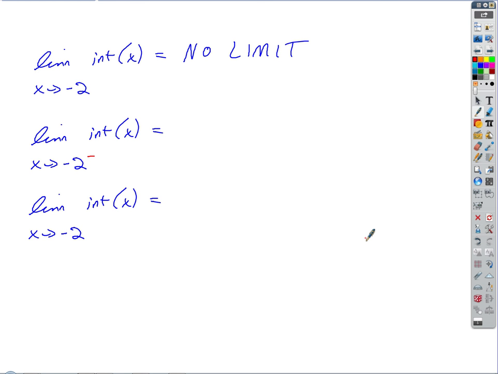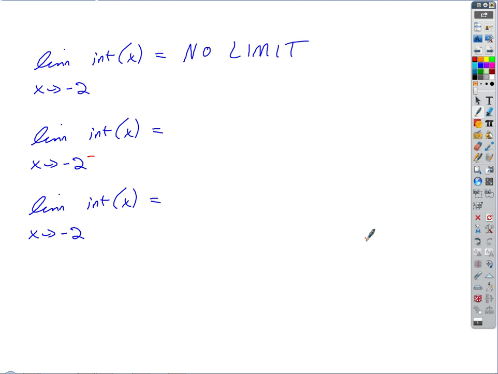So when I put in -2 minus, what's that like putting in? Negative 2.00000001, right? But it's approaching from the left. So if I'm approaching -2 from the left, I'm approaching from values that are slightly more negative than -2. Right? See what I'm saying?